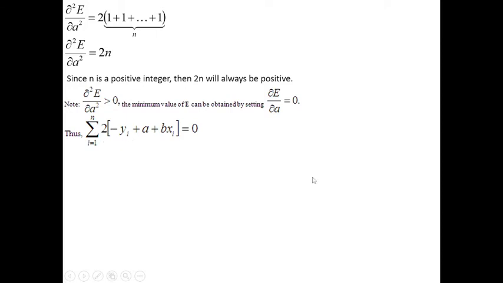Ito kasi yung delta E over delta A sa aking previous slide, equal yan dito. Summation 2 negative yi plus a plus bxi. Equate natin sa 0, kaya naka-equal sa 0.